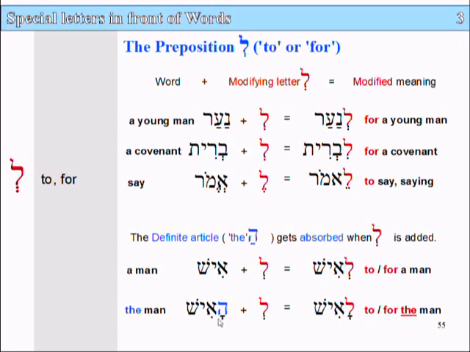The vocal sheva under the lamed is lengthened to account for the long ah sound of the hay, meaning the. So it's not la-ish, it's la-ish. To the man, or for the man. So that's the preposition lamed, meaning to or for when put in front of a word.